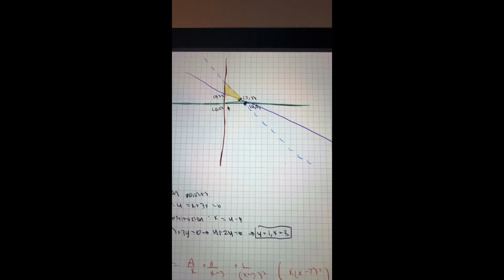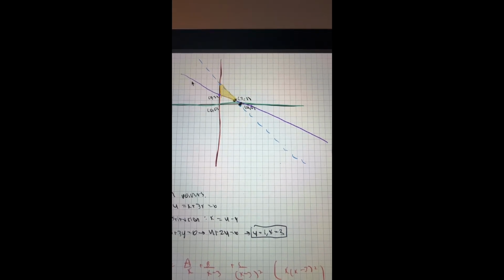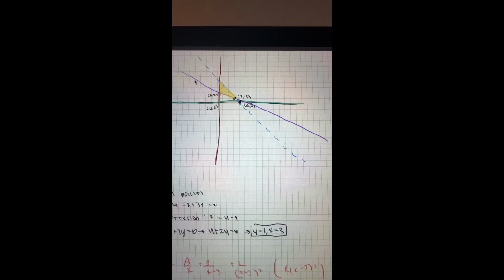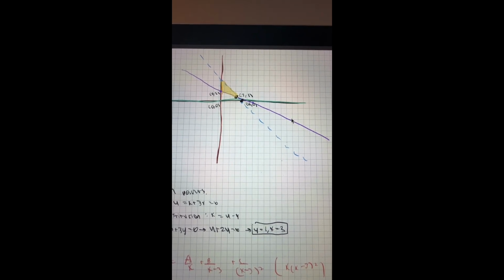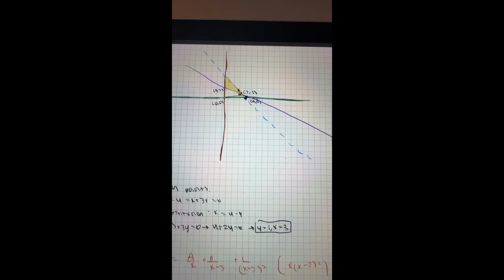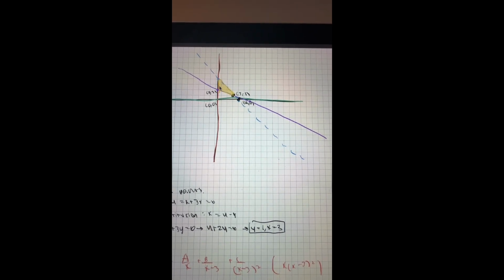And then you have our 3, 1 right here. And then you're going to be shading it where every single line touches it. So it's going to be this area right there.